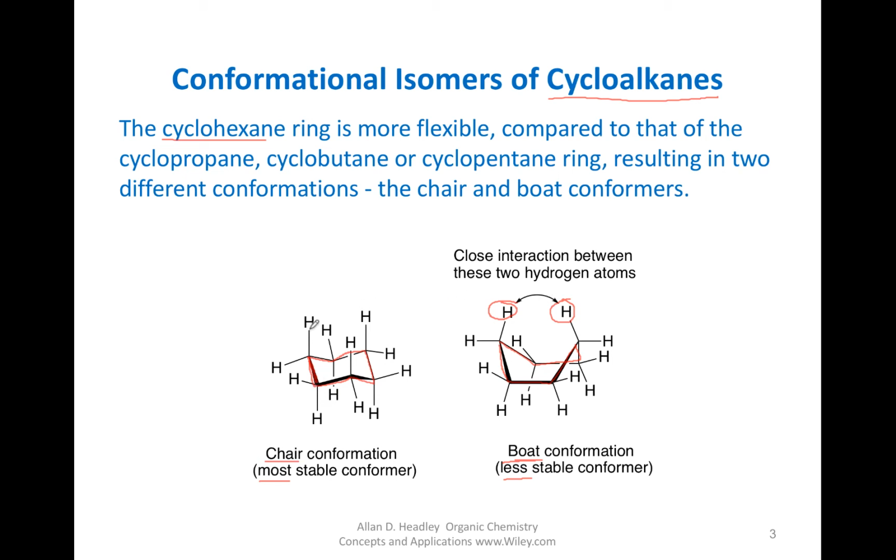For the chair conformer, there are no hydrogens here that are considered to be close. It's difficult to see how close they are looking at the two dimensions. But once you have built your cyclohexane and form the boat conformer, you will see that these hydrogens get pretty close. And when you do the chair conformer, you'll see that these hydrogens are not very close, even though they look to be very close on paper. Okay, let's go on.